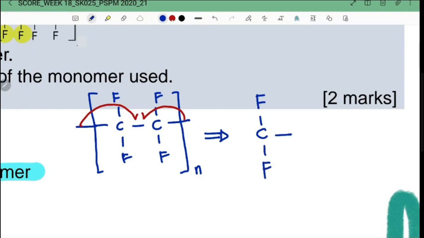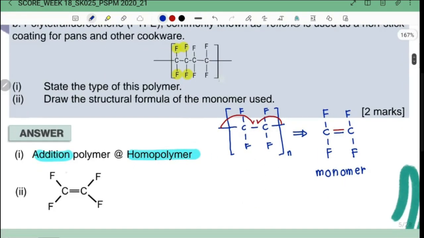So this one become 2 electrons meet, double bond, and then CF and F. So this is the monomer. 1 mark. Okay, addition and the monomer. Okay, sebab dia adalah daripada monomer yang sama, so kita boleh ambil 2 carbon sajalah to find the monomer. Okay. Alright, can we proceed?